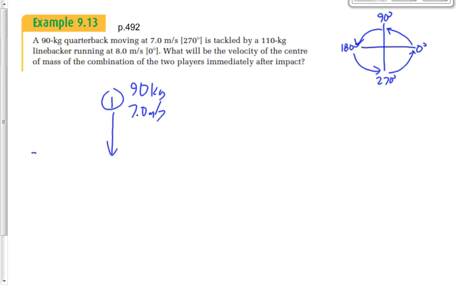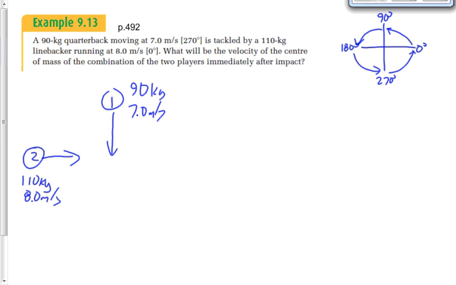So he's going to be moving this way, to the right. His mass is 110 kilograms, and his velocity is 8.0 meters per second. What's the direction, the velocity of the center of mass of these players after the collision?